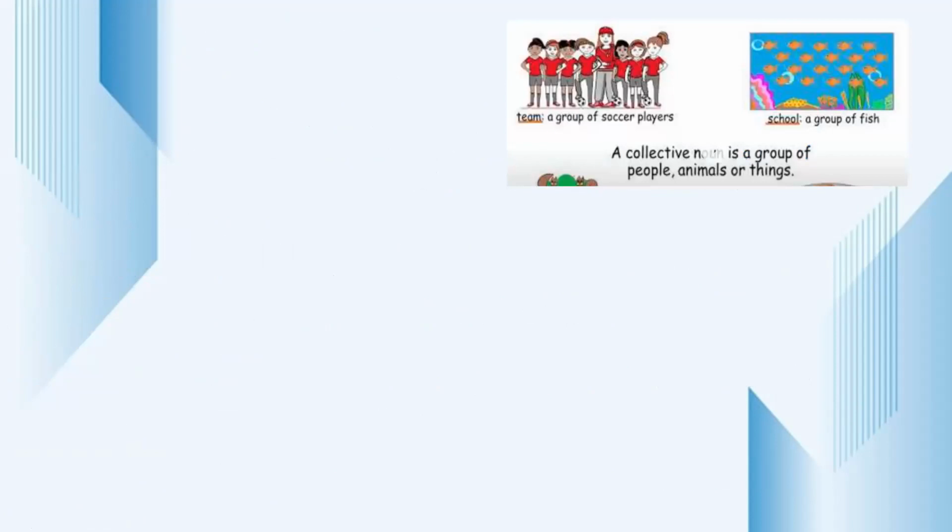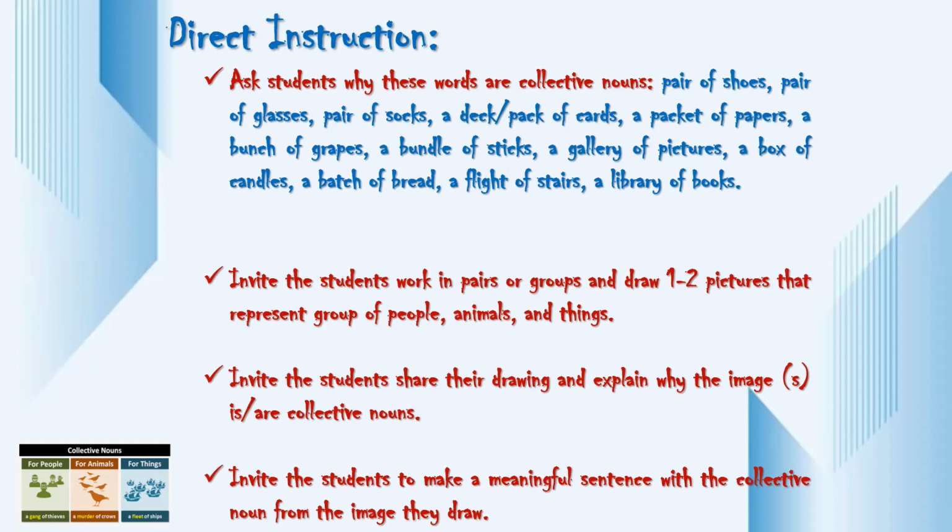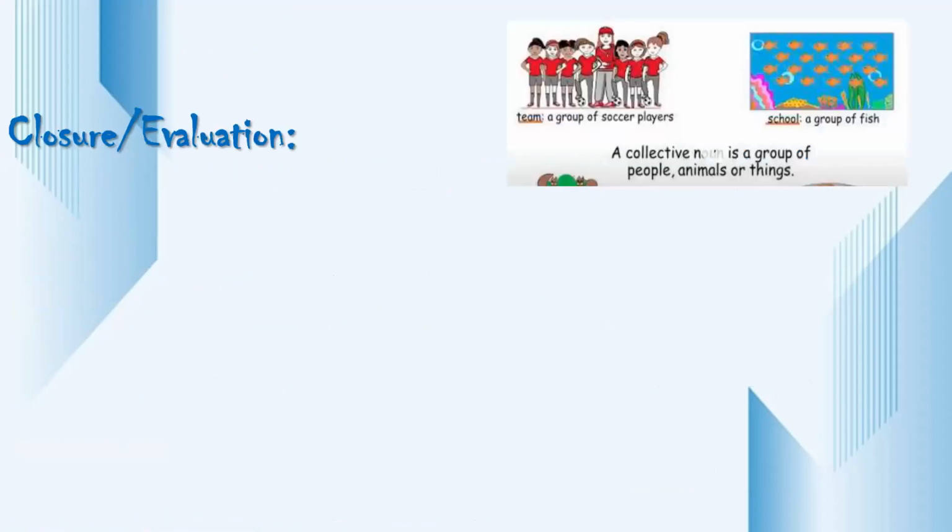When you invite them to make a meaningful sentence with the collective noun, you bring this lesson to another lesson. You have them form sentences. That's another lesson already, so you're actually teaching two lessons at the same time. After you've done this, it's time to bring it to a closure and review with the students.